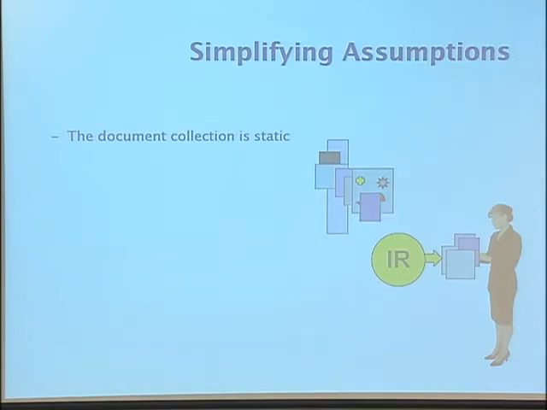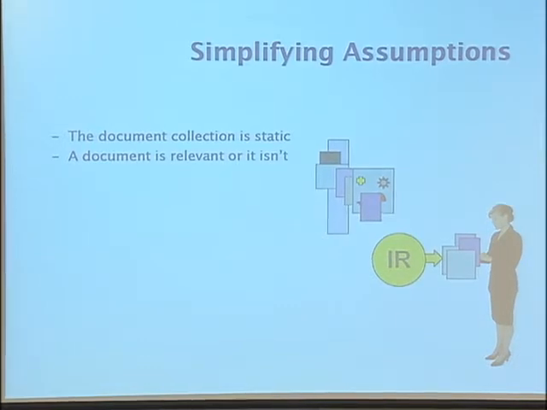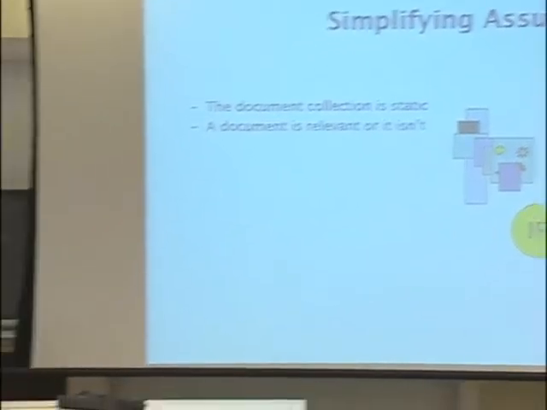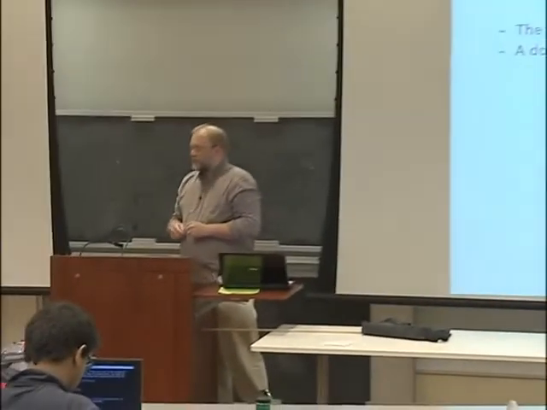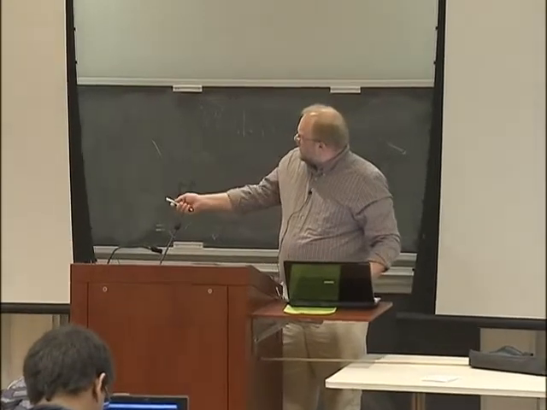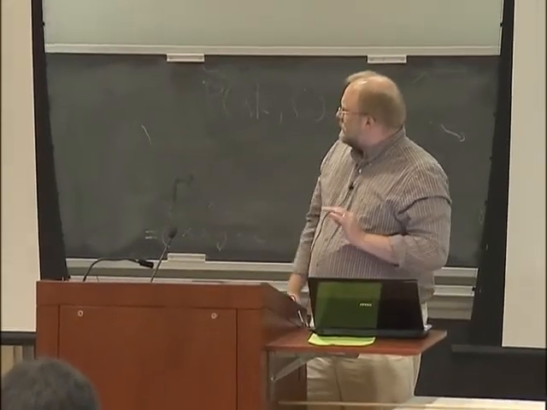Okay, so we don't have to deal with any dynamism in the document collection. The second assumption that tends to get made is that a document is either relevant or it's not. Okay, so the documents are relevant independent of any other document, of anything else. You have an information need, and your document is either relevant to it or it's not. Okay, so this idea that we have different levels of relevance goes away.